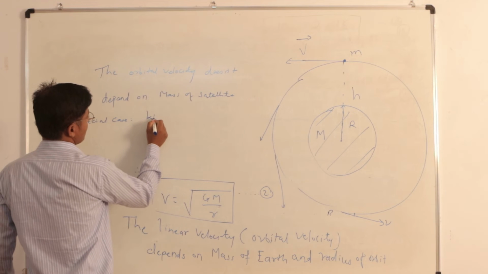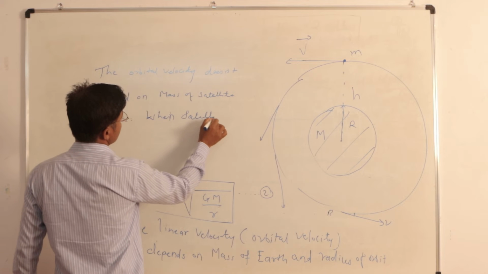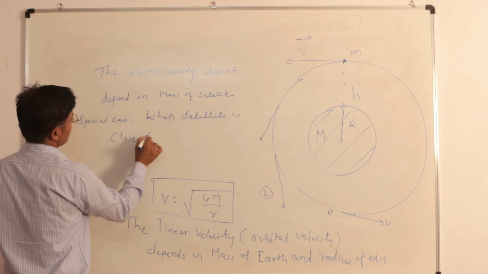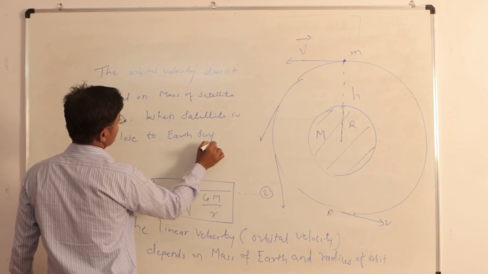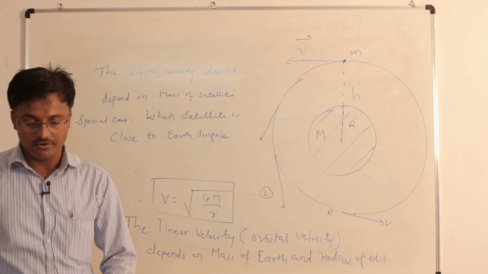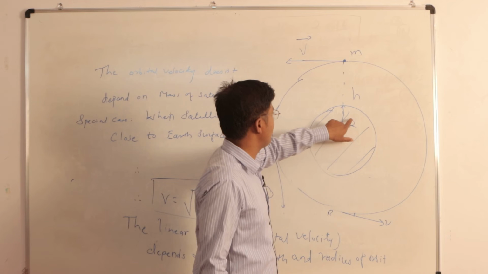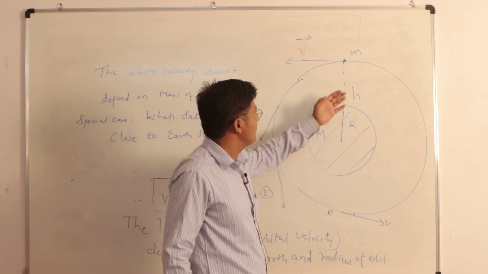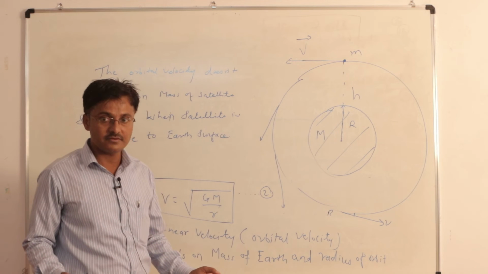When satellite is close to the earth surface, जर सॅटेलाइट एकदम अर्थच्या जवळ असेल तर आपलं एक्सप्रेशन कसं मॉडिफाय होईल. मग सॅटेलाइट एकदम अर्थच्या जवळ असेल म्हणजे काय, एकतर तो अर्थच्या डायरेक्ट सरफेस वरती असेल, it is directly on the earth surface.